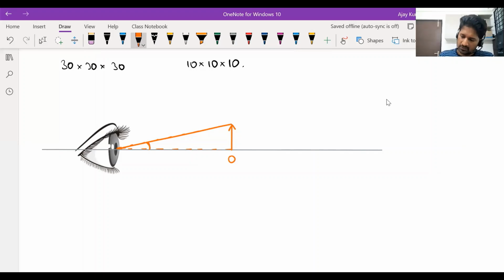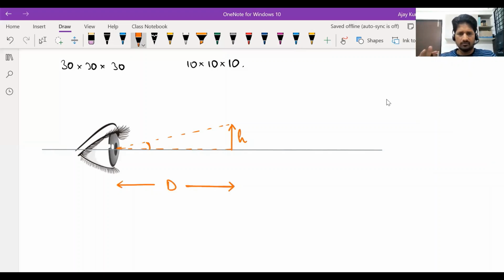Fine. Suppose there's an object of height h that you are trying to see directly. Now, if you want to see something directly and as clearly as possible, you will bring it as close to your eye as possible, but you can't bring it too close. You can only bring it up to near point distance. So suppose the object is at near point distance.